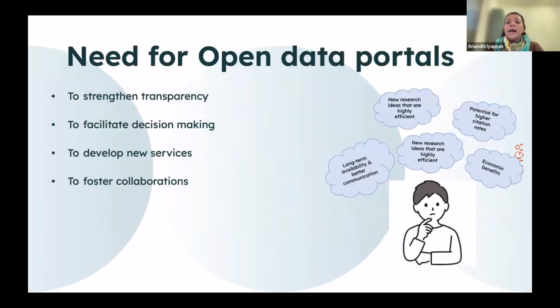Yeah, okay. As we saw, there are, first of all, open data portals. The next question we need to ask is why we really need open data portals. The first aspect is to strengthen transparency, as we saw on the previous slide, to foster better research in general. Transparency improves trust between the producers and consumers of data.